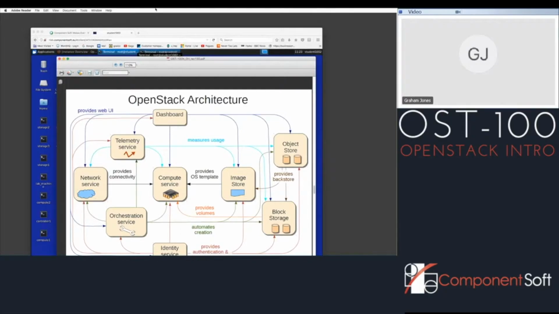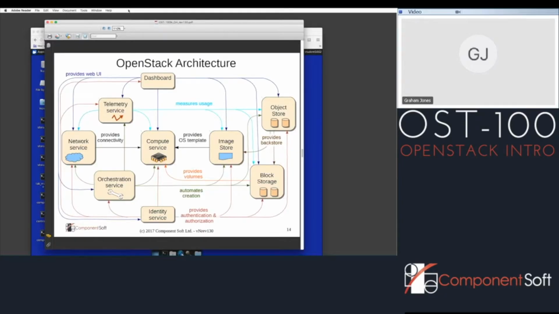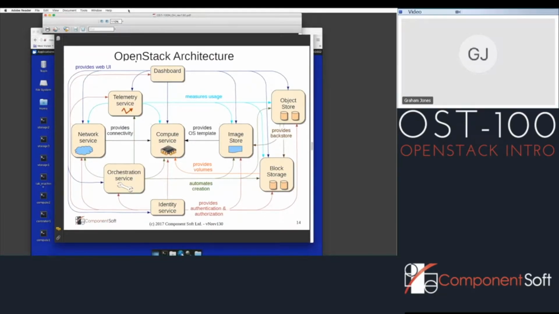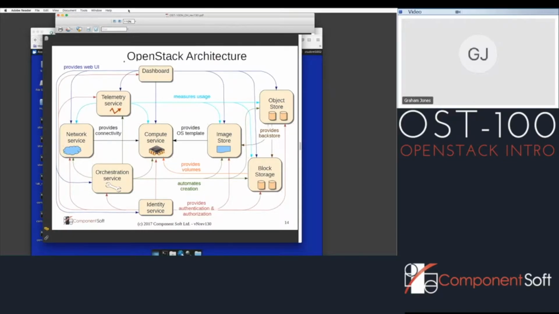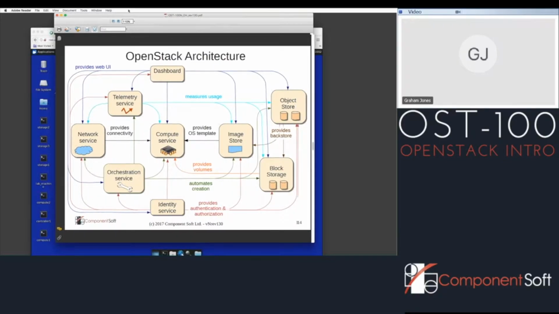Why do we need block storage? The block storage aspect is the additional disk space. That's what it's actually for. So if you think about a standard server, then if we stand up a standard server, effectively we'll have a root disk, the ephemeral disk, which is where the root file system and all the operating system goes.